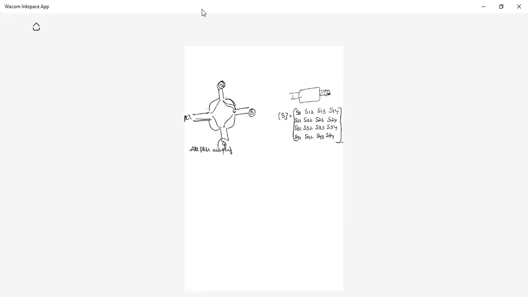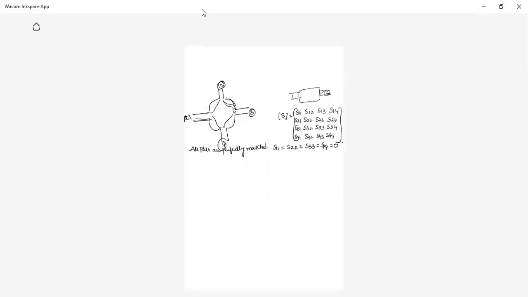If all ports are perfectly matched, S11 is equal to S22 is equal to S33 is equal to S44 is equal to 0.